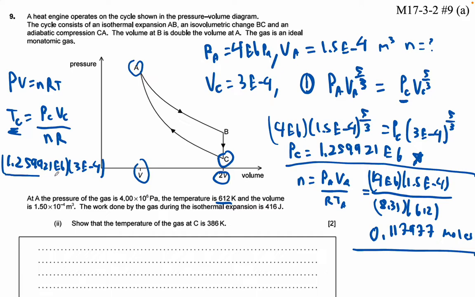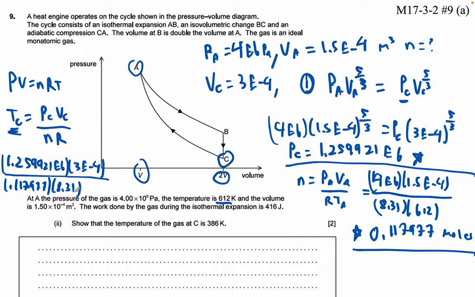And then divided by n, which is 0.117977, which we just figured out, times 8.31.